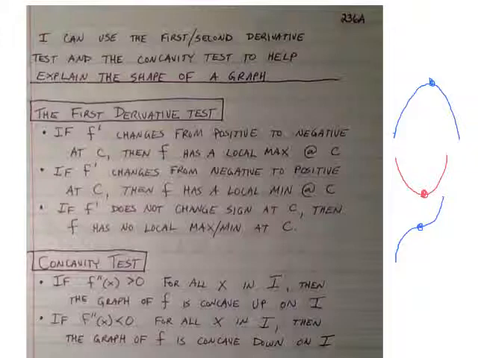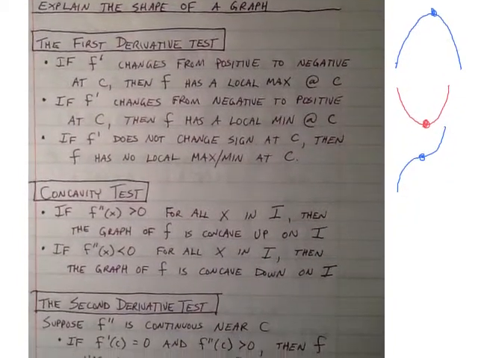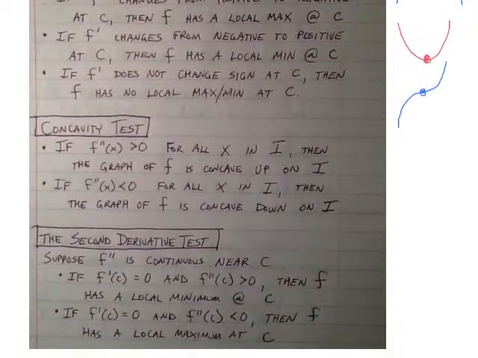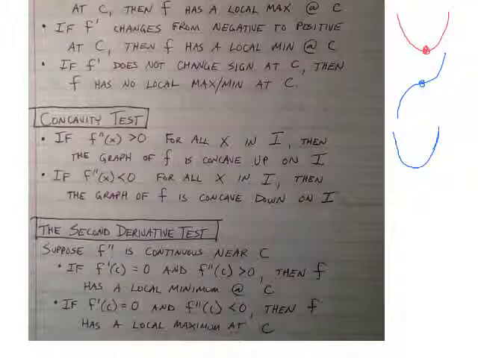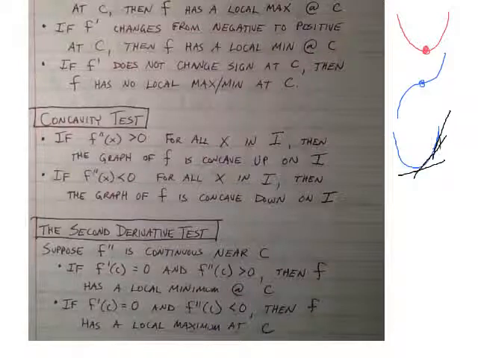The second test is the concavity test, and the concavity test says if f double prime is greater than 0 for all x in the interval, then the graph of f is concave up on that interval. And what exactly does concave up mean? Concave up means that for all values within the interval, the tangent line is located beneath the curve.